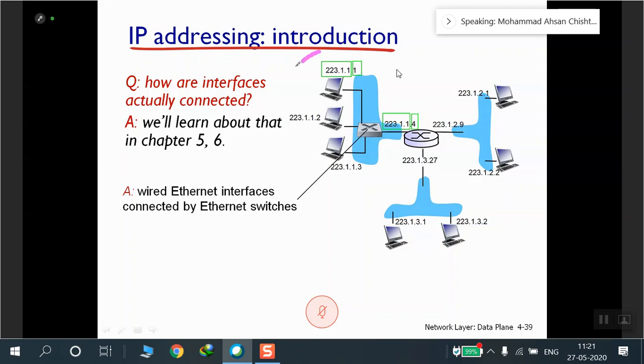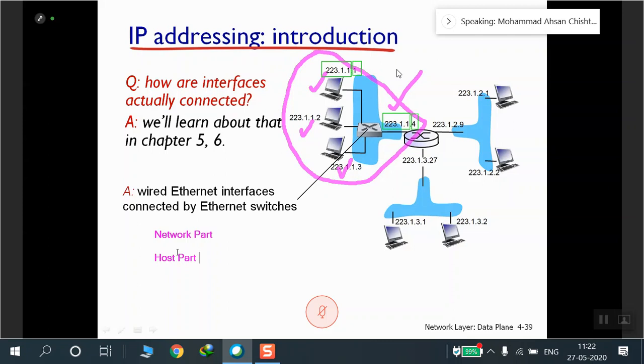I will encircle them with pink. They are connected to this switch and through this router node. All the nodes within it have the same first 3 bytes in this case. This constitutes what we call the network part. And the rest, like we have 1 here, 2 here, 3 here, 4 here, is known as the host part. So basically an IP address has two parts: the network part and the host part.